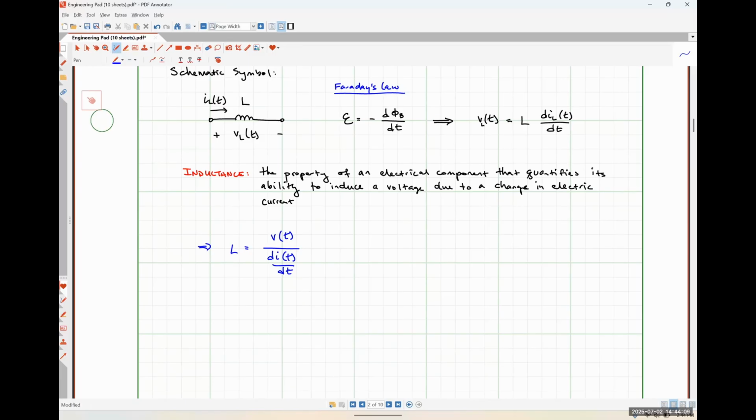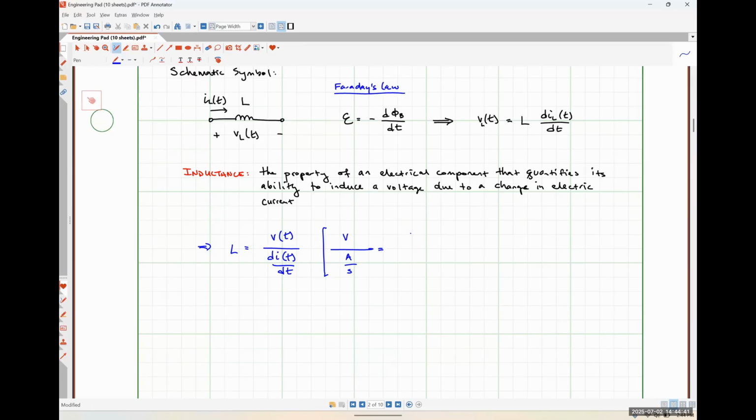All right. So we know that voltage is measured in volts. And now we just need to figure out what the derivative of current is going to look like. But I think that should be pretty easy because we know that current is measured in amps. And so if we're taking the derivative of current with respect to time, that should give us amps per second.